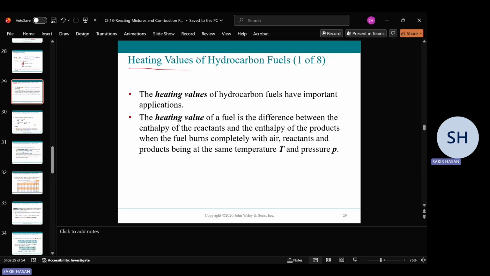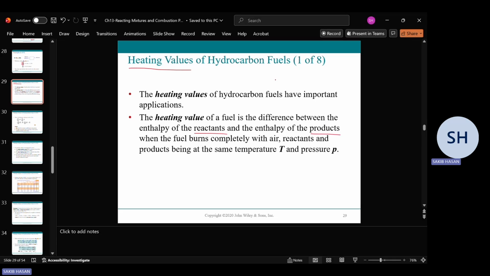Now, what is a heating value? Heating value, or the calorific value, is essentially the energy change, or rather the difference between the enthalpy of the reactants, as you can see, and the enthalpy of the products.